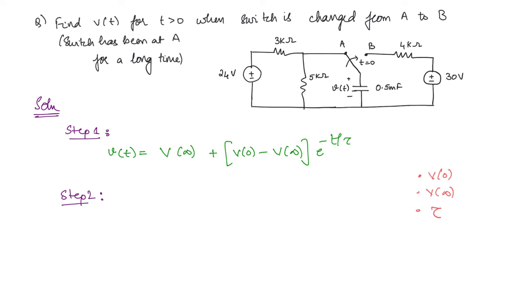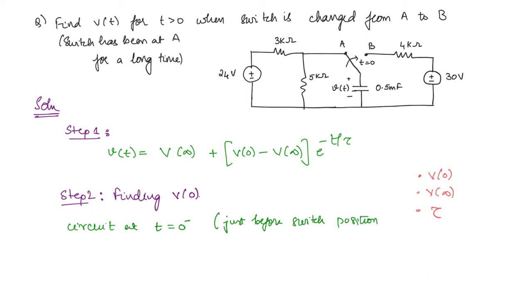First we will start with the initial value, finding V of 0. Now how to find the initial value? You need the circuit at t is equal to 0 minus, that means just before the switch position is changed.